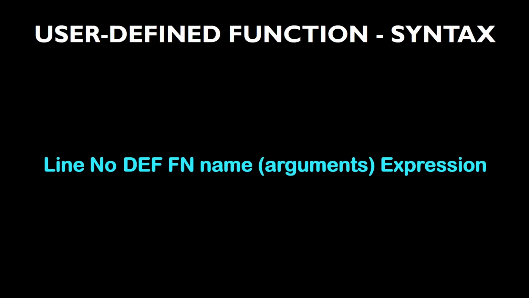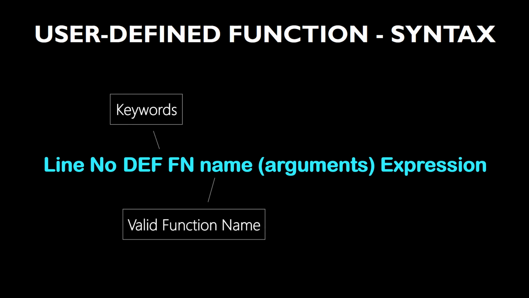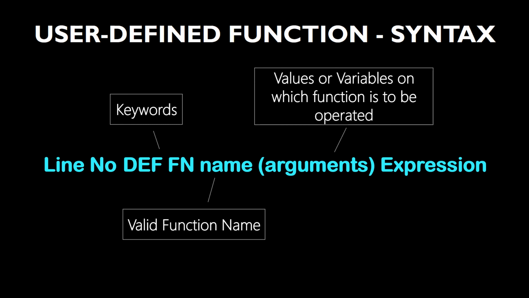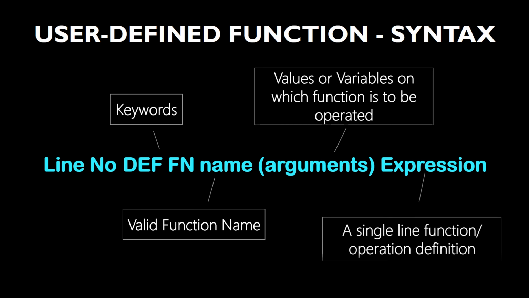The syntax of a user-defined function is: line number, DEF FN, name of the function, arguments, expression. Where DEF FN are the keywords, name is the valid name, arguments are the values or variables on which the function is to be operated. An expression is a single line function or operation definition.